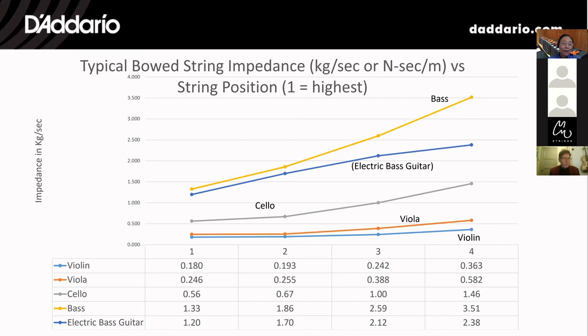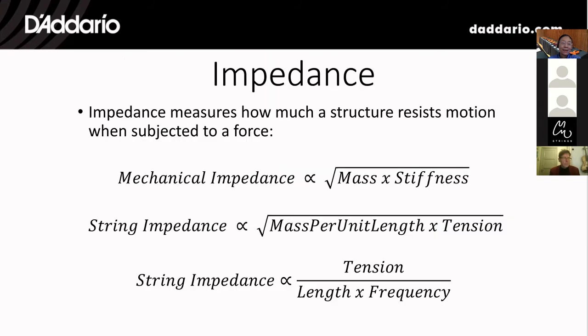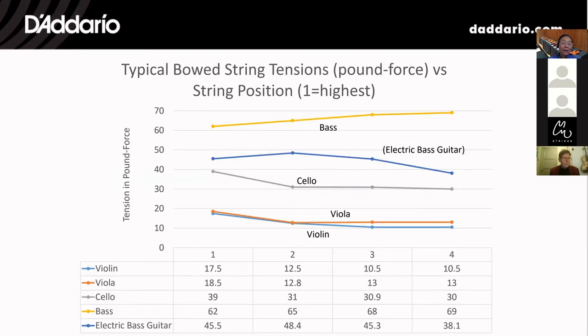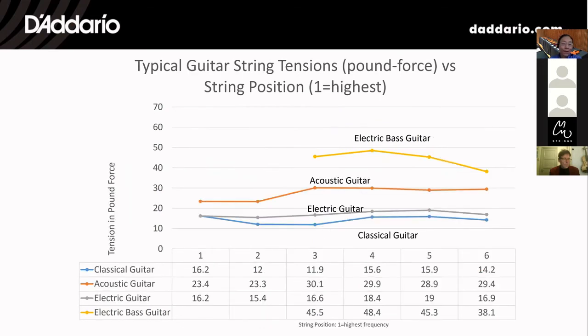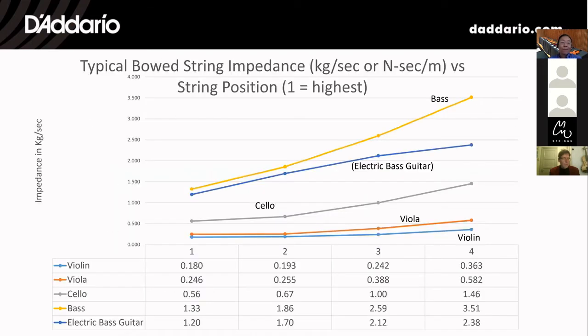One of the main reasons is the advent of a super high tension first string, made possible by modern string technology. So for violin, viola, cello, it's quasi roughly equal playing tensions for the bottom three strings and roughly equal impedances for the top three strings, you can sort of argue.